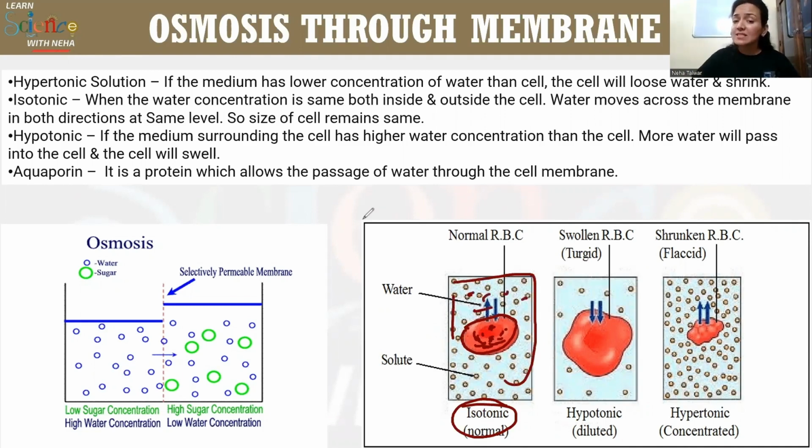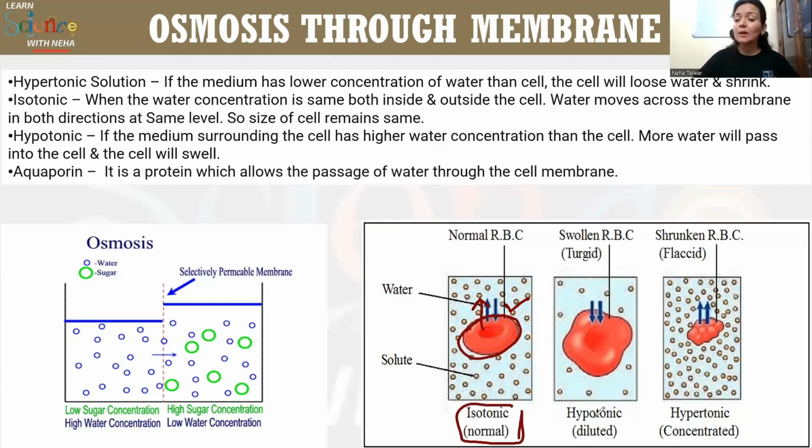If the concentration inside is equal to the concentration outside, concentration meaning the combination of salt and water, then the amount of water entering inside will be the same as the amount of water moving outside through the membrane of the potato, and the size of the potato will not change. So this kind of solution is isotonic.